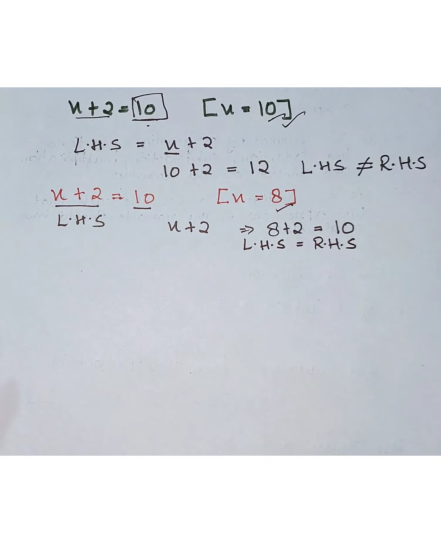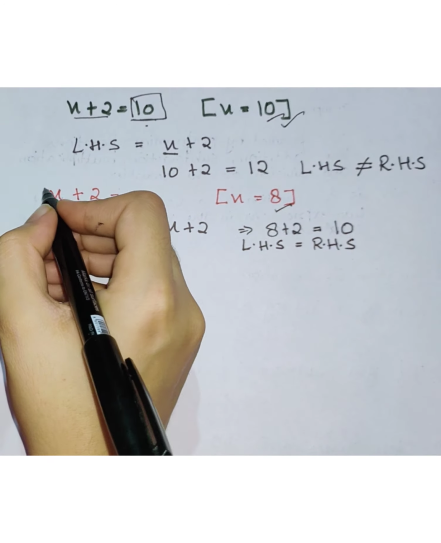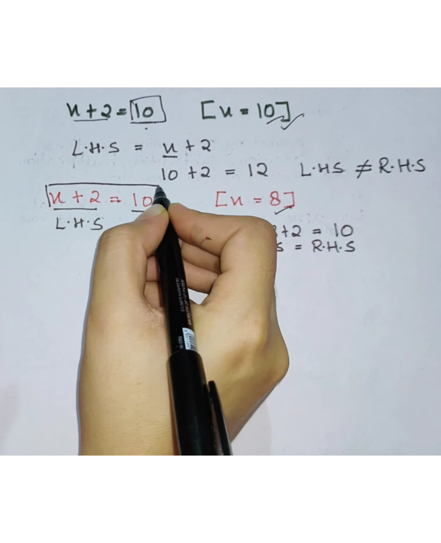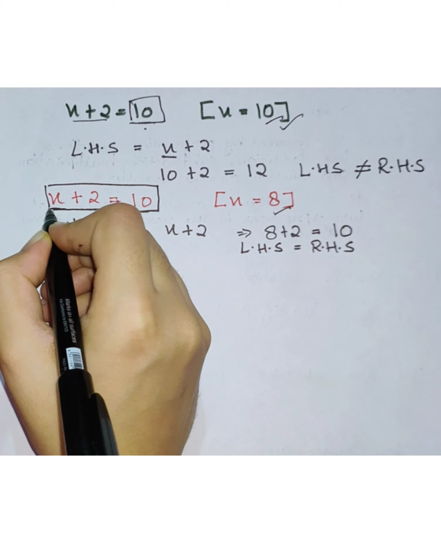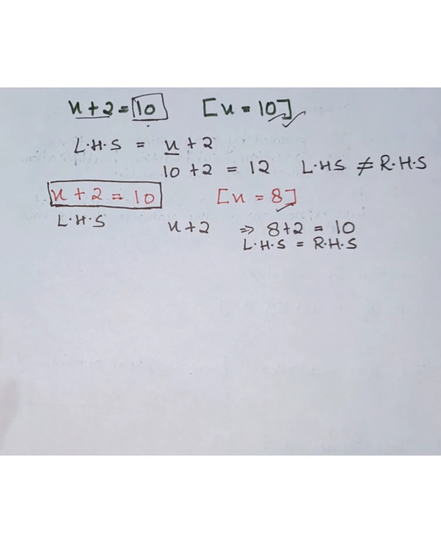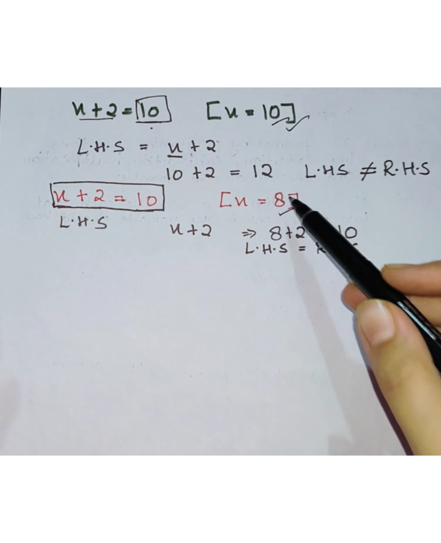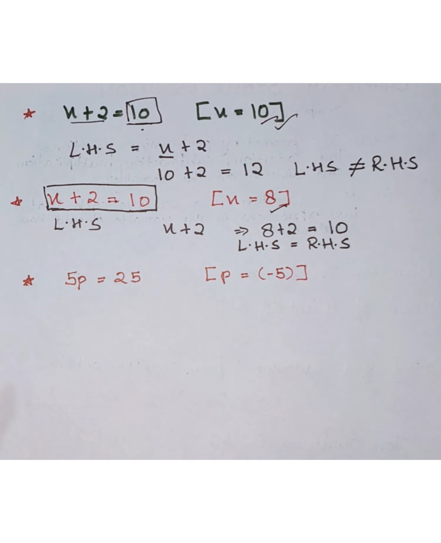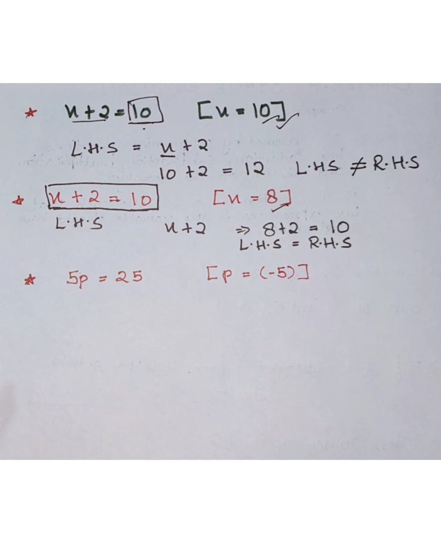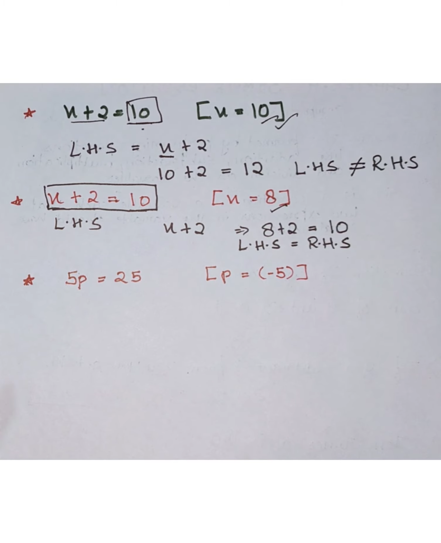In all the three examples, I have taken the same equation, that is x plus 2 is equal to 10, but I took three different values for x. Now next is 5p is equal to 25, where the value of p is given to us as minus 5. So now we'll do the same thing.